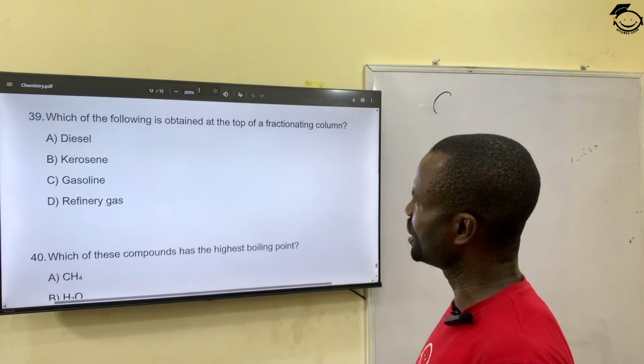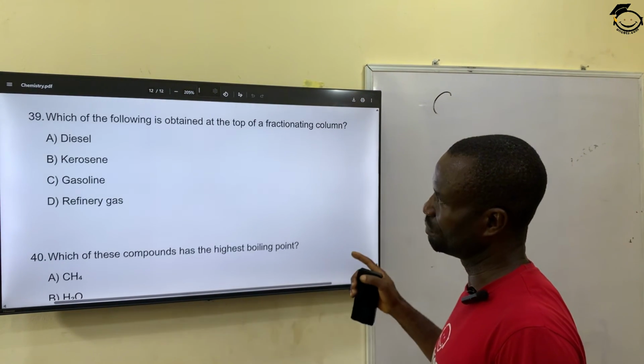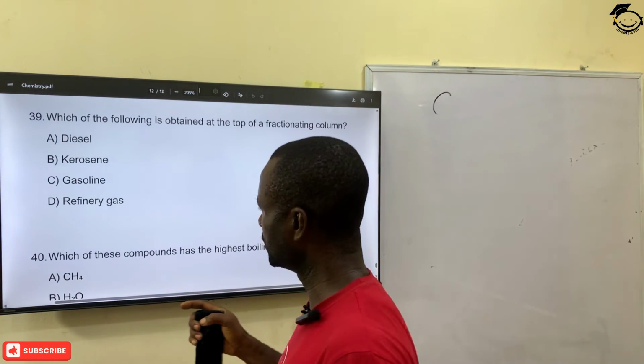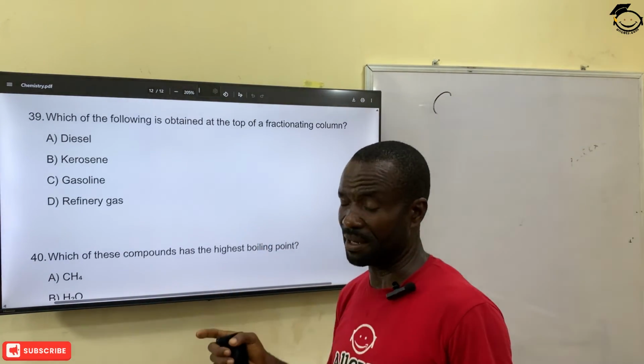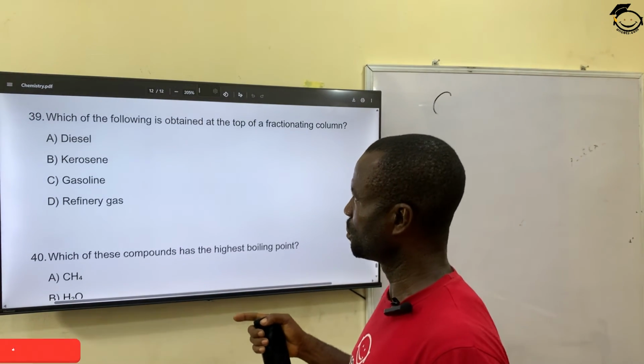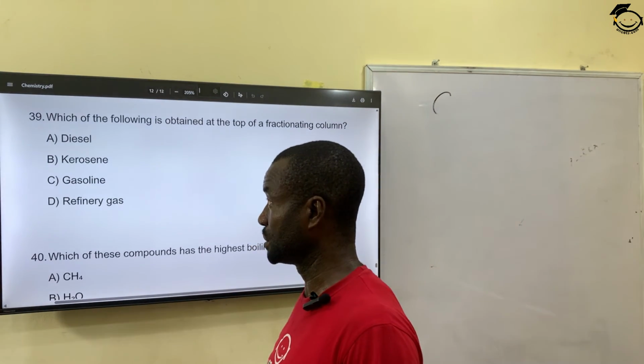Number 39. Which of the following is obtained at the top of the fractionating column? While you are refining your petroleum product, we call it fractional distillation, where you get some fractions of petroleum.